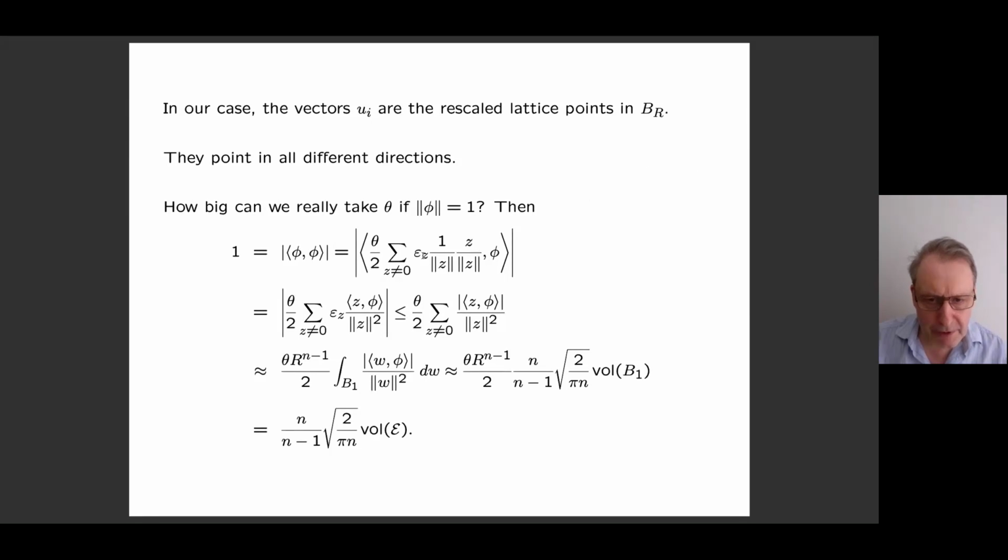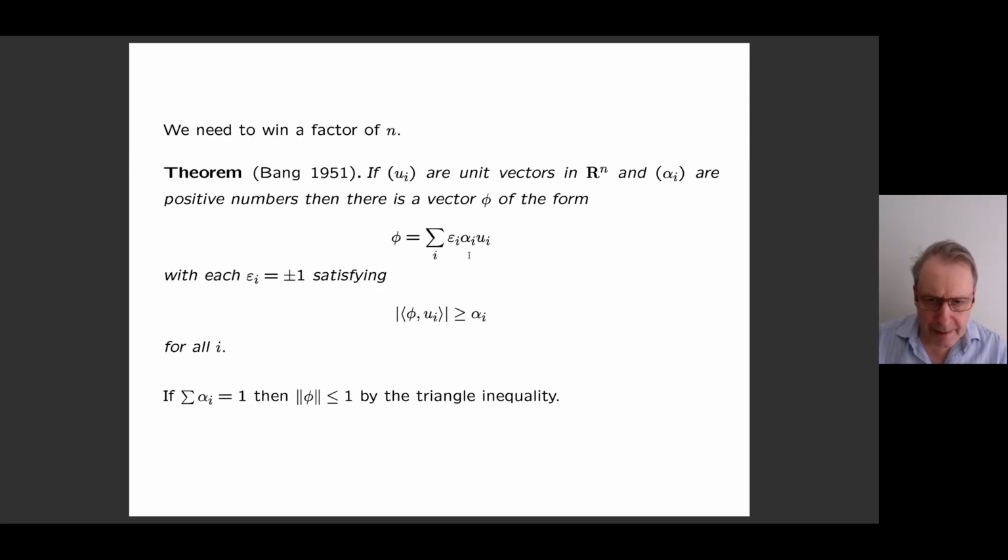So this is just a sort of a trick for actually doing the calculation, but you see that the idea behind it is that if you've got things pointing in all directions, then the extent to which you won't satisfy the triangle inequality will be this factor 1 over root n, because only the direction of phi really matters.